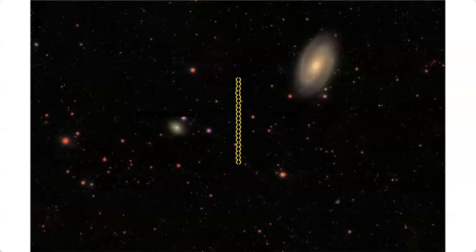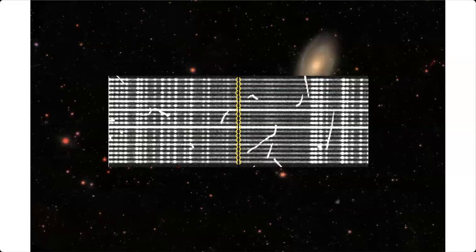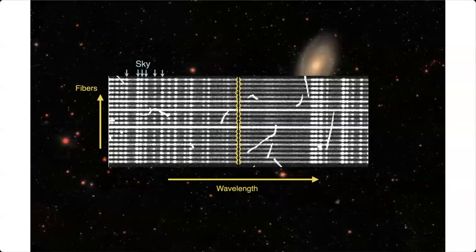The light coming out of that end of the fiber optic cable, we put through a fancy prism, and it spreads the light out, so you get different wavelengths of light at different locations. This is what our raw data look like. We have wavelength in this direction, different fibers in this direction.